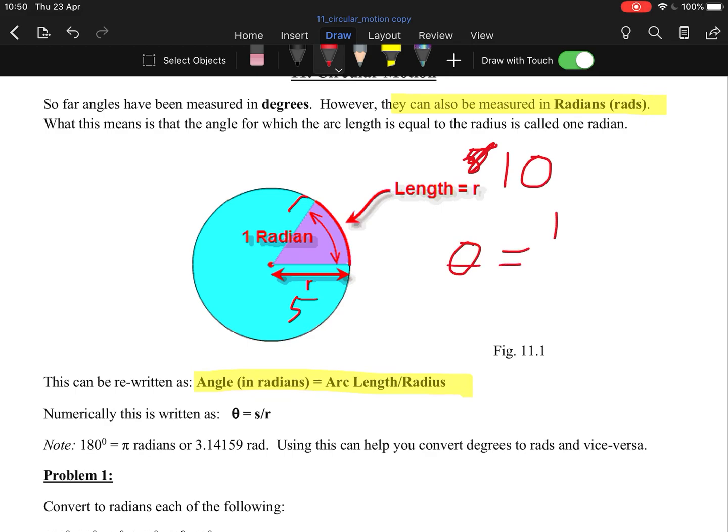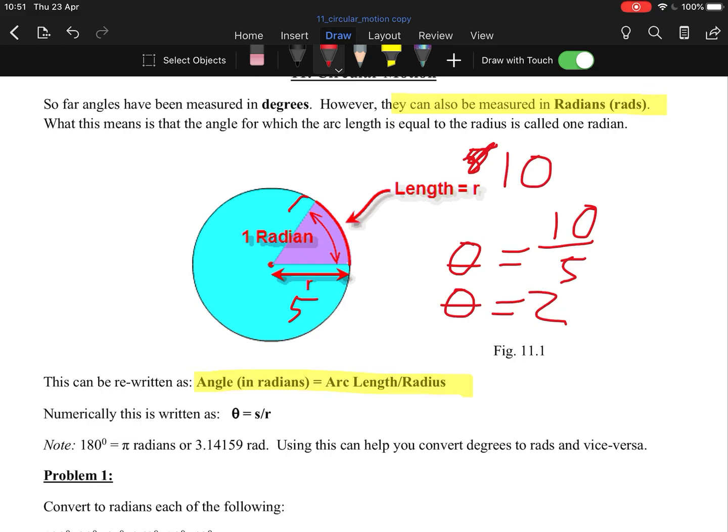Your radius wouldn't change, so now the angle is equal to 10 over 5, so that's 2 radians. The angle equals 2. I should actually draw the angle in there to stop confusion. You see? So that's where it comes from.